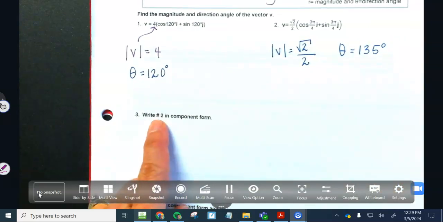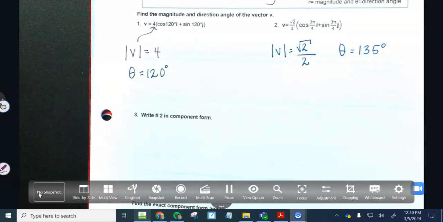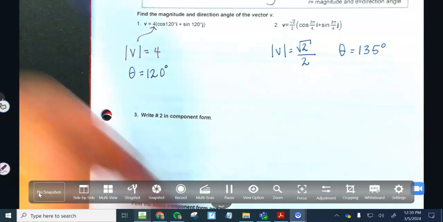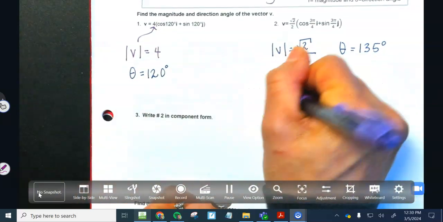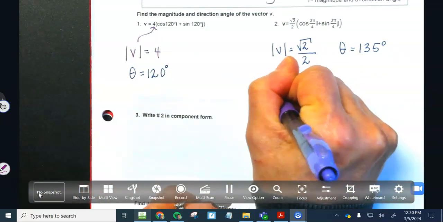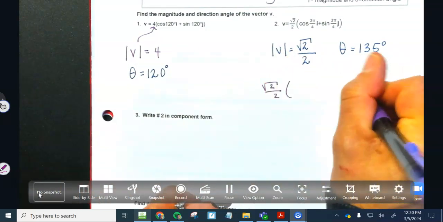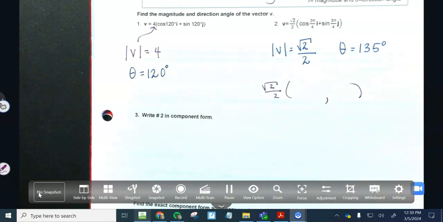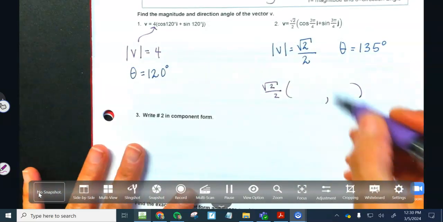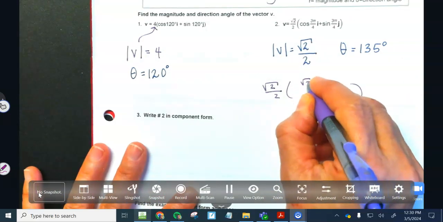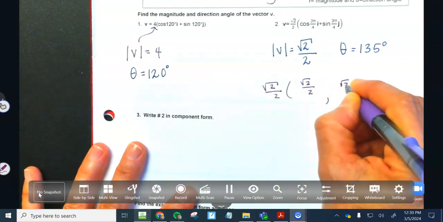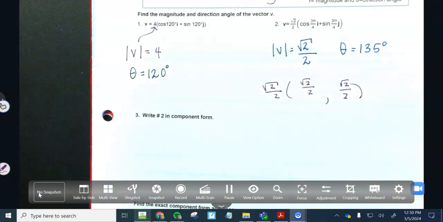All right, and we're going to write it in component form. So easy, y'all. Let's recopy this magnitude on the outside of the parentheses. Let's draw some parentheses. All we have to do is write the cosine and the sine values for 3 pi over 4. Remember, anything in 4 is root 2 over 2. But remember, we just talked about it being in quadrant 2.